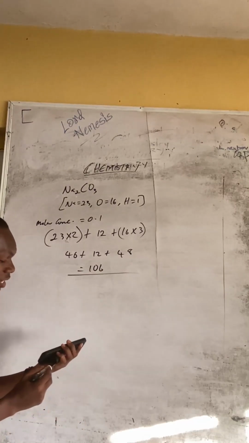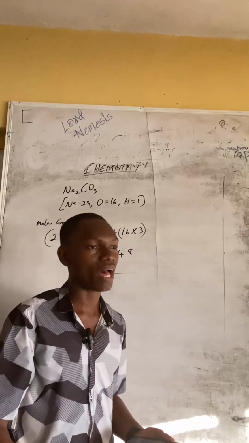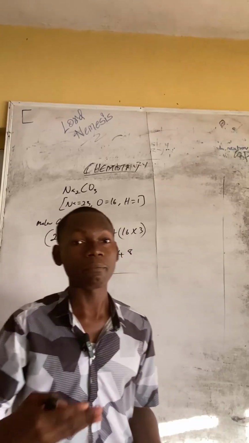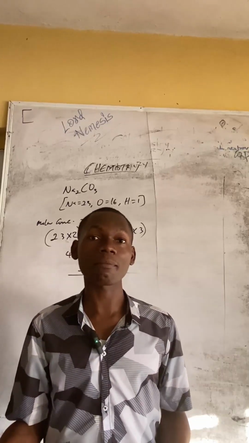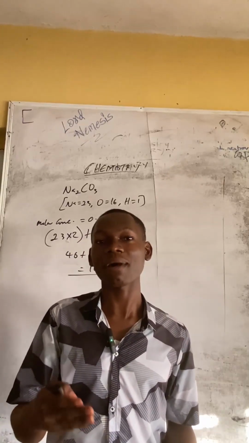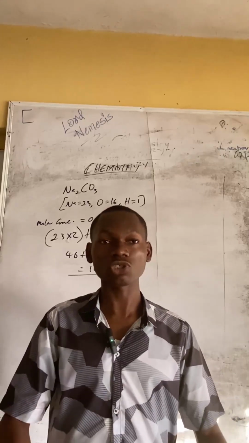Now, what formula relates mass concentration, molar mass, and molar concentration? We are given molar concentration, we are given molar mass, and we are asked to calculate the mass concentration. What formula has a relationship between these three?